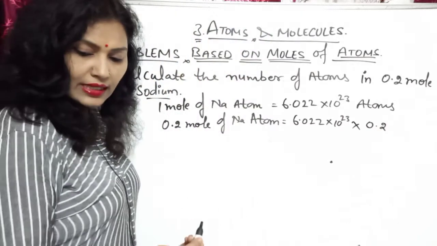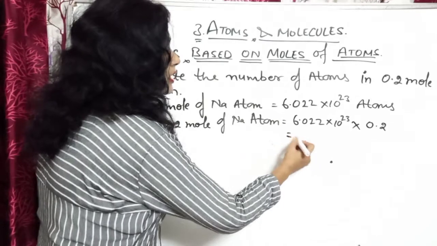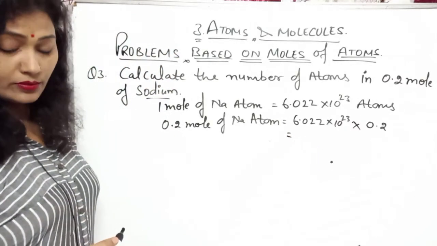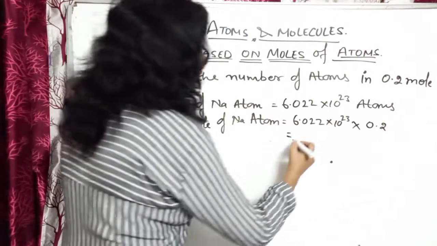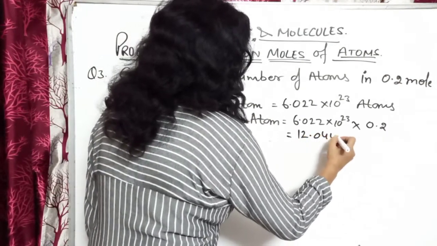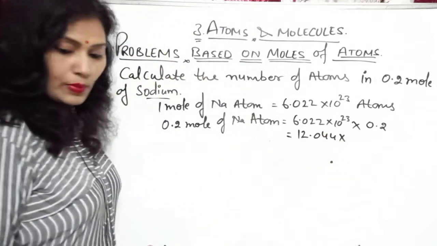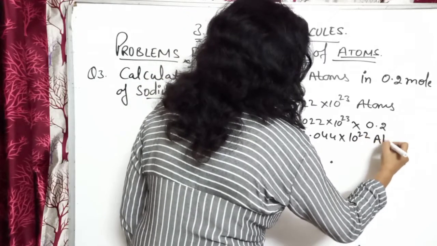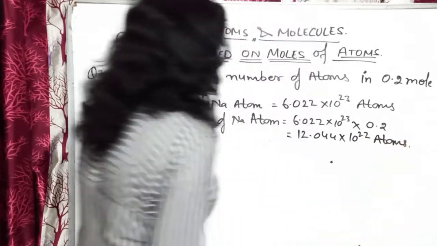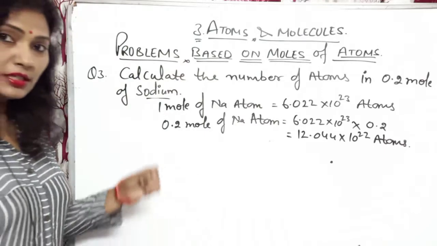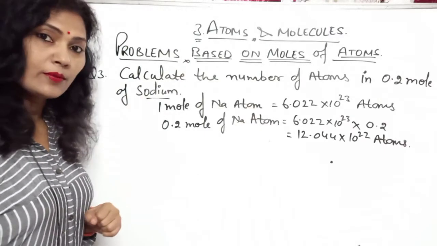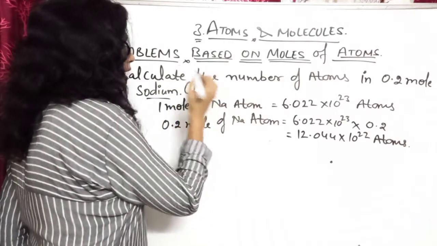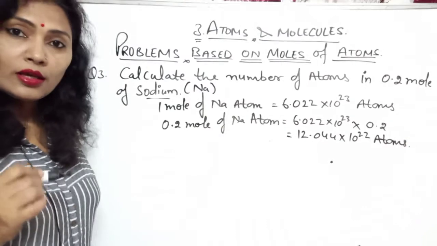Then we get the number of atoms present in 0.2 mole of sodium atom, that is 12.044 into 10 to the power 22 atoms. So these are the number of atoms present in 0.2 mole of sodium. Sodium is an element, its symbol is Na, capital N and small a.